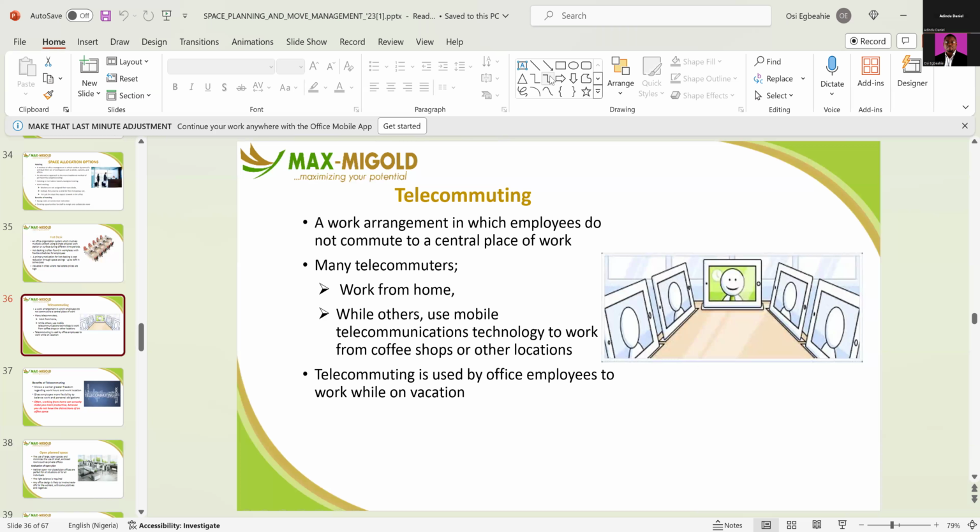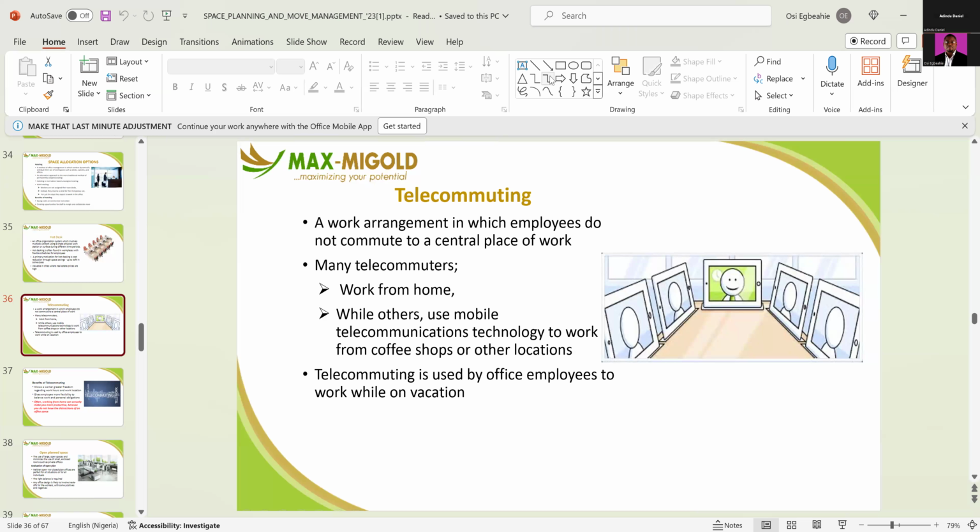Maybe the head office is somewhere in Victoria Island, and they have offices in somewhere like Ikeja, in Ikorodu, in Badagry, and these offices are functional from time to time. Everybody just calls in, especially when they're having telecommuting meetings. Everybody calls into it with their TV on, and they see you in your office, and you connect to the meeting.